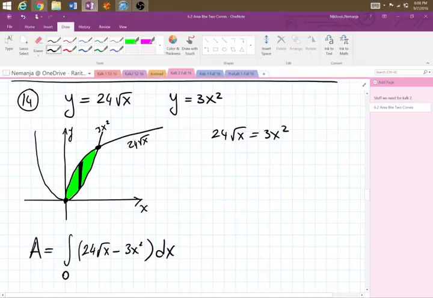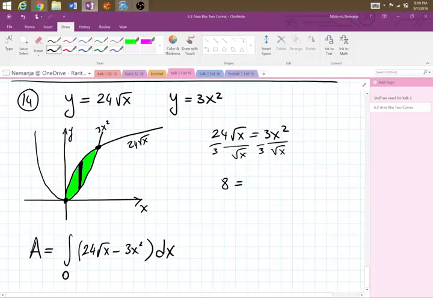Since you already eliminated 0, you can technically divide. You can divide by root x. You're not supposed to do that, but since you already eliminated 0 as a solution, you know it's a solution. We divide by root x on both sides. And we can also divide by 3.